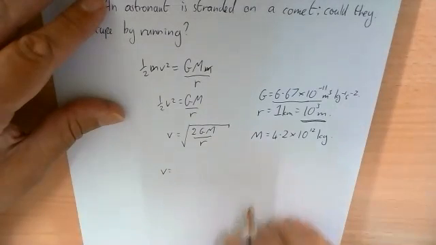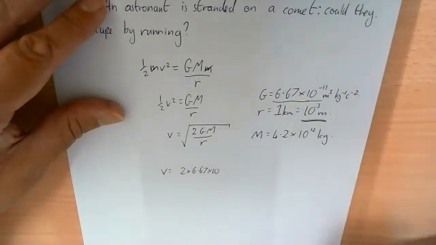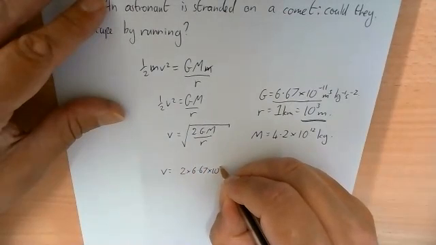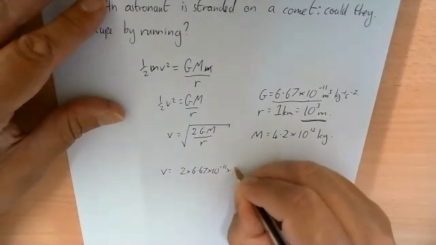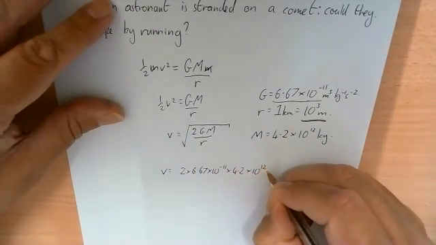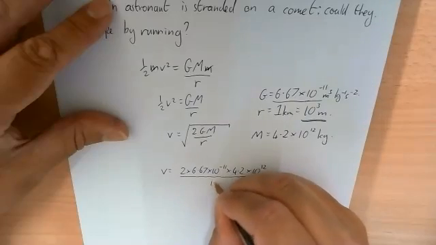So the escape velocity would be the square root of 2 times 6.67 times 10 to the power of minus 11, multiplied by 4.2 times 10 to the power of 12, divided by the radius, which is 10 to the power of 3.